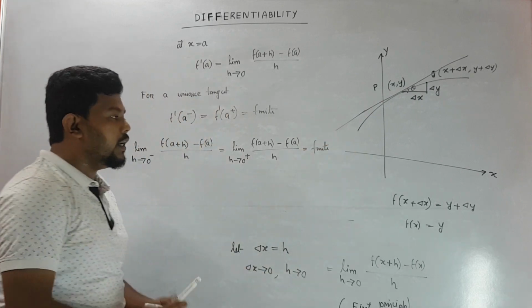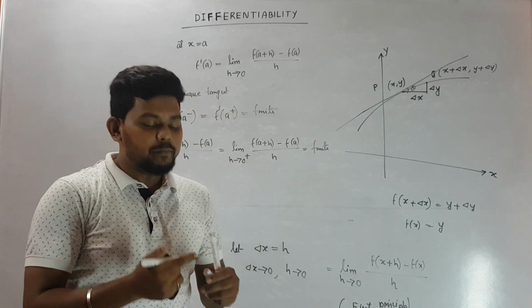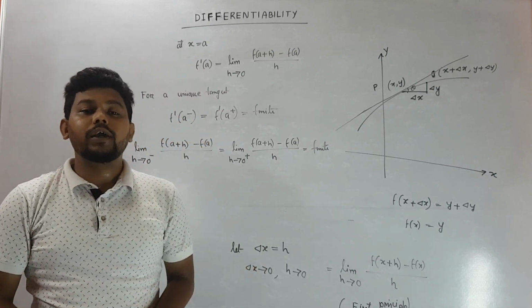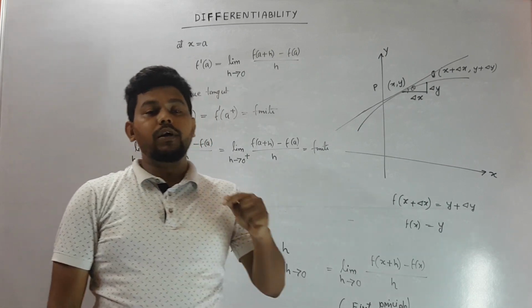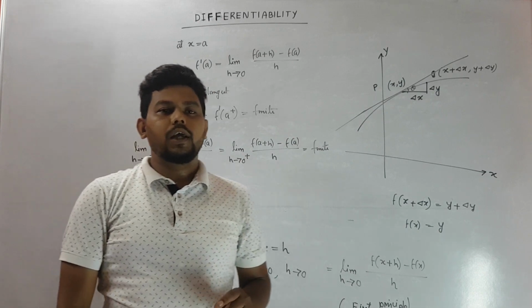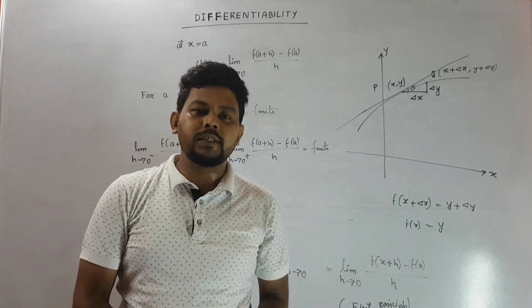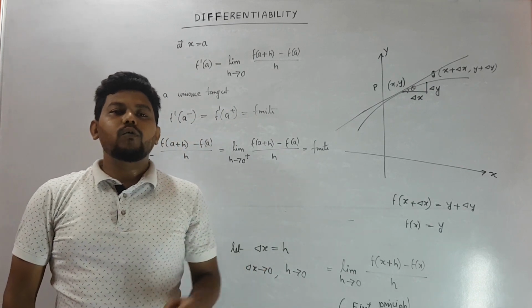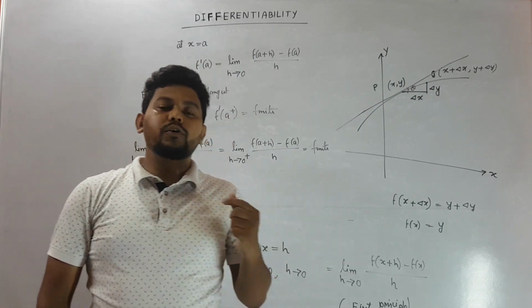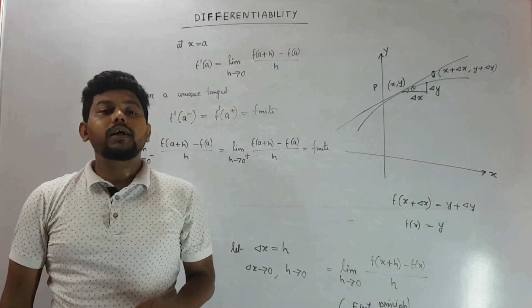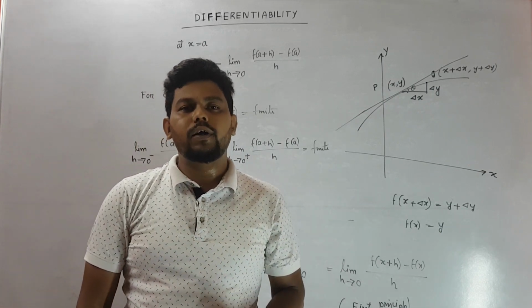That is why we have said, what does differentiability mean? Differentiability means the possibility of drawing a unique tangent at a given point of a curve. If we can draw more than one tangent at a point, it is undefined. So when a unique tangent can be drawn at any given point of a curve, then the function is said to be differentiable at that given point.